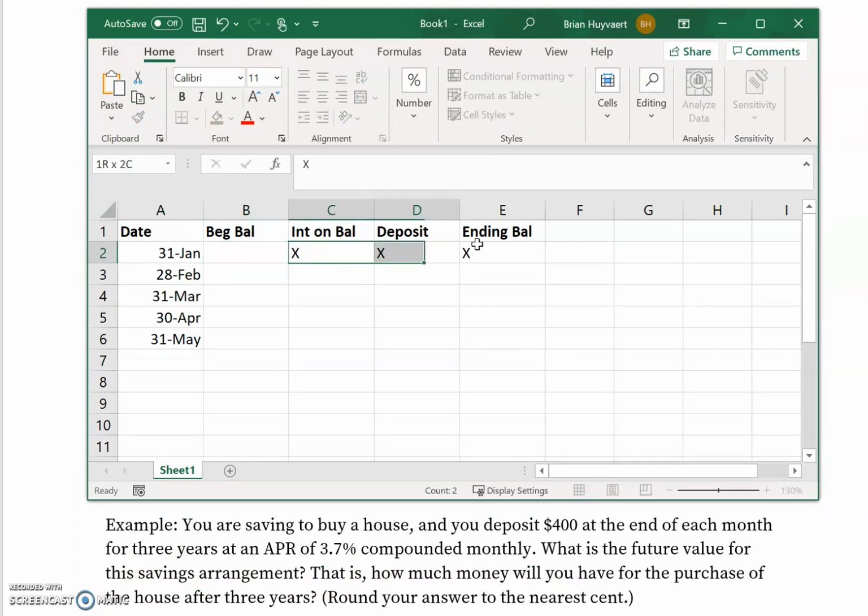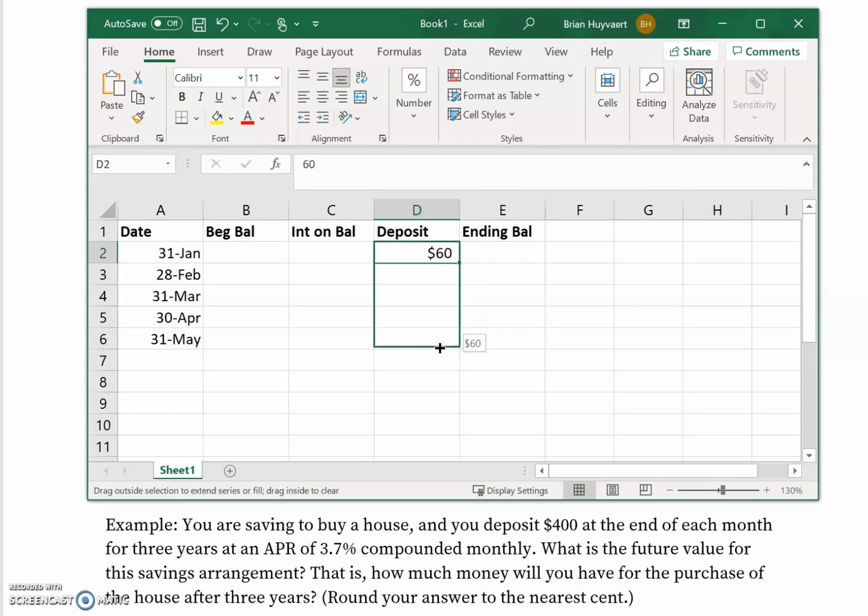So I was using kind of a version of the old one that we had. So we're doing $60 deposits at the end of each month. So we could say, okay, this is equal to 60, or we could just do $60 is fine. This amount is going to be the same for all of them. So that part's pretty easy.